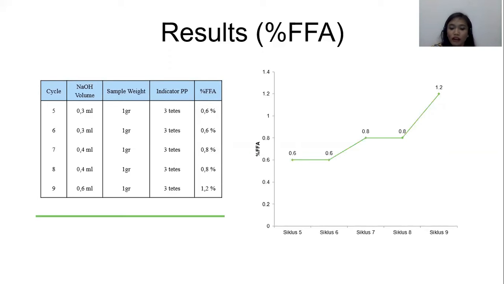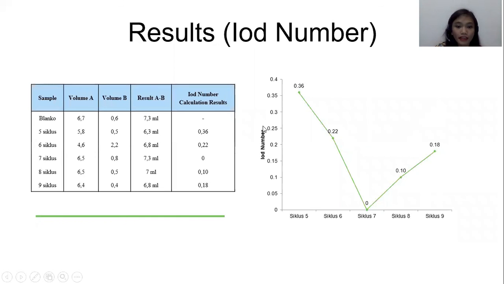The amount of free fatty acids contained in the sample can be a result of the hydrolysis process or due to poor processing. The results are as follows, like this figure. Iodine number is like this graphic.